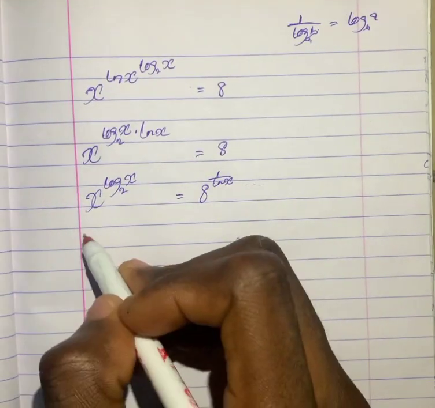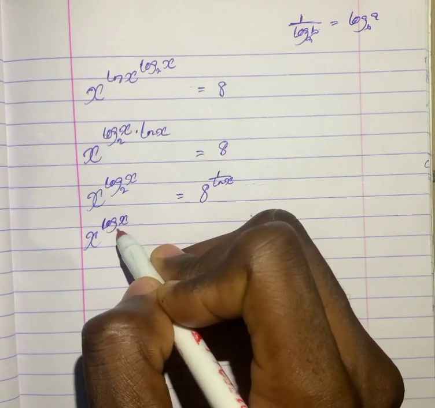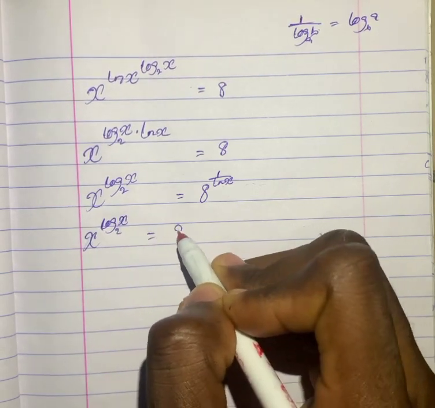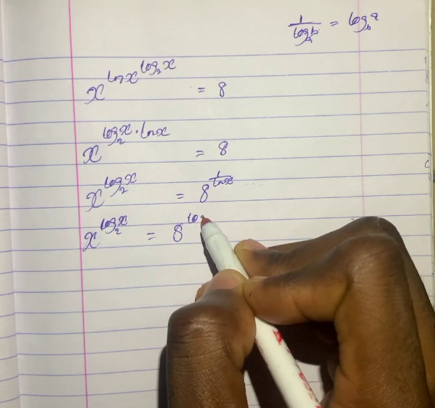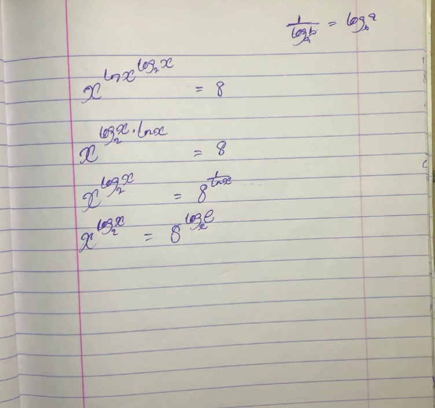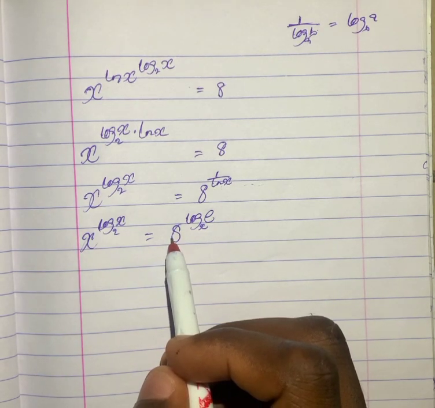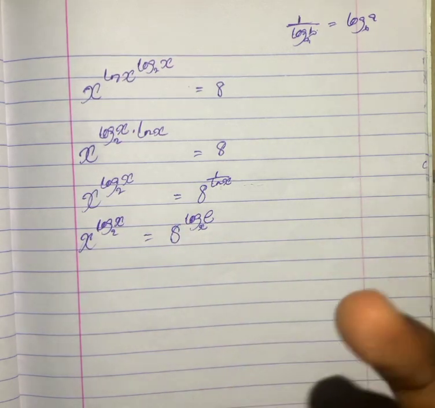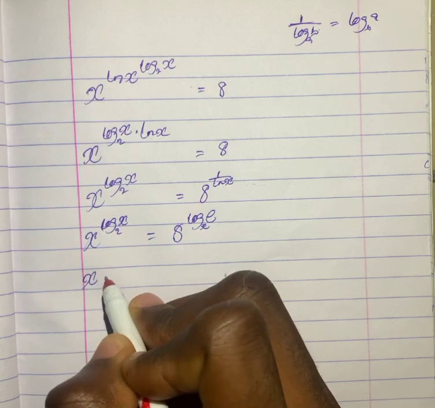So we have x to the power of log x base 2 equals 8 raised to the power of log e base x. Now notice 2 raised to the power of 3 is the same thing as 8.